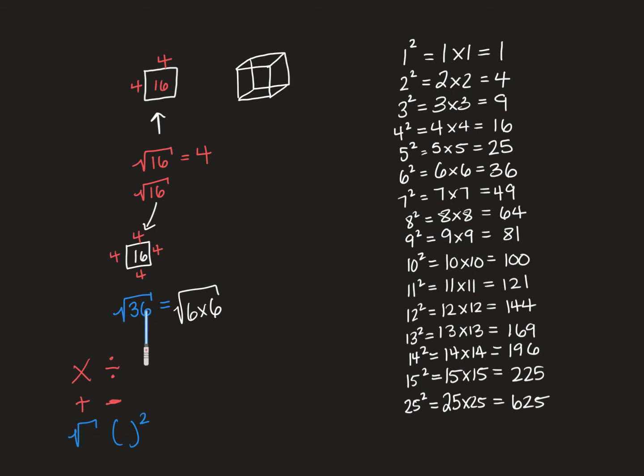You have 6 times 6. Another way to write it is like this. 6 squared. This square, this 2, undoes the square root. So you're left with 6 as your answer.